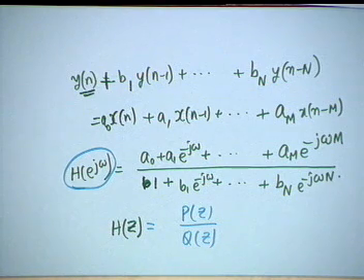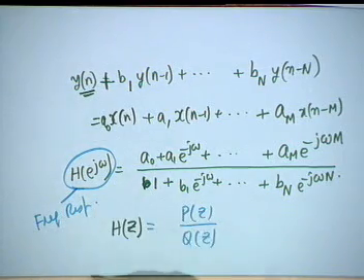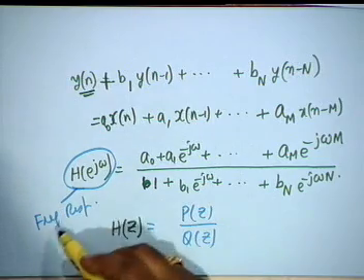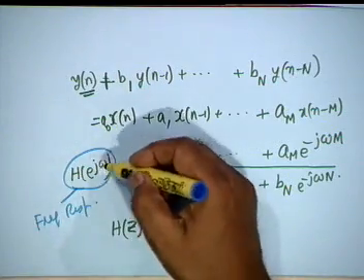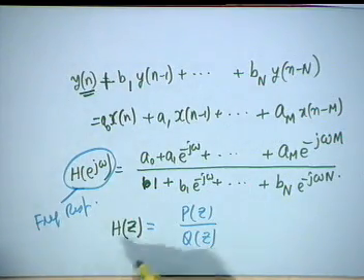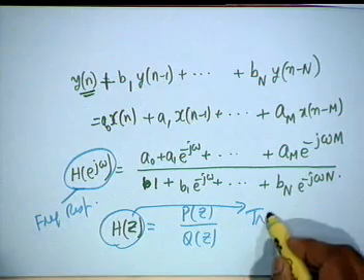Fortunately, most of the systems that are of our interest can be treated by both Z transforms and Fourier transform. However, there is a change in nomenclature. This we call the frequency response. Now, why is it called frequency response? Because this gives the spectrum in terms of actual omegas. On the other hand, we must give a name to this. This is simply called the transfer function.